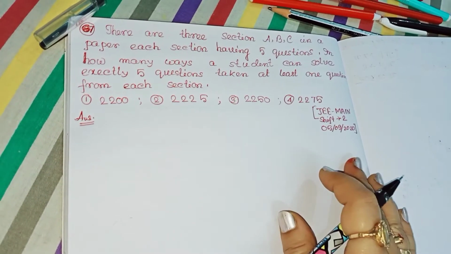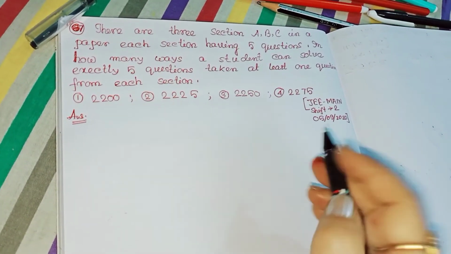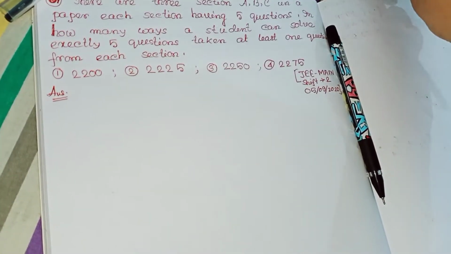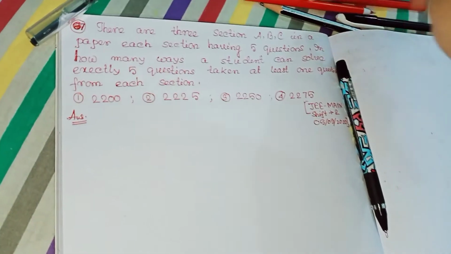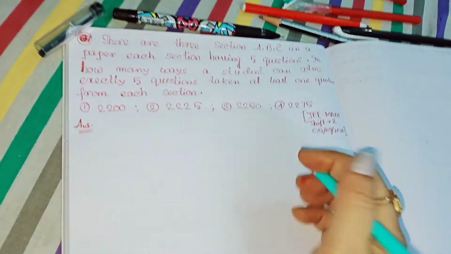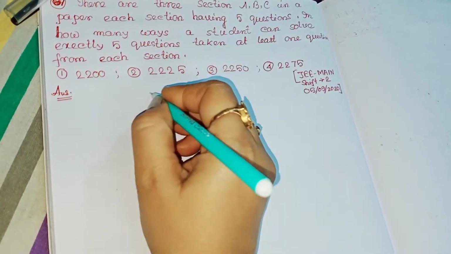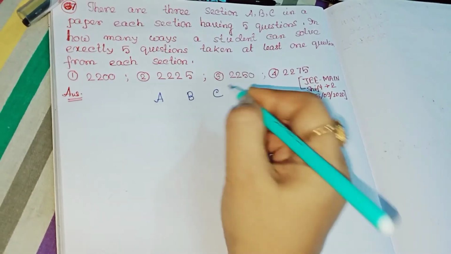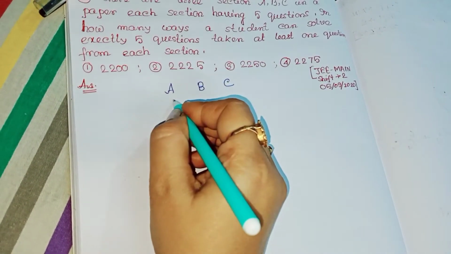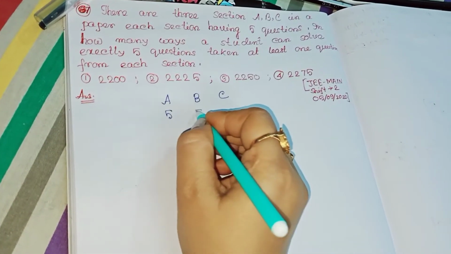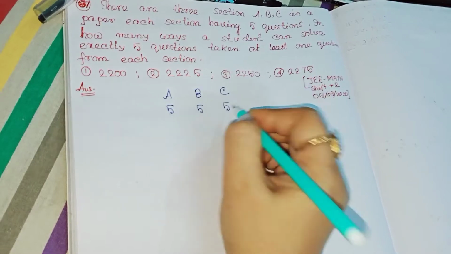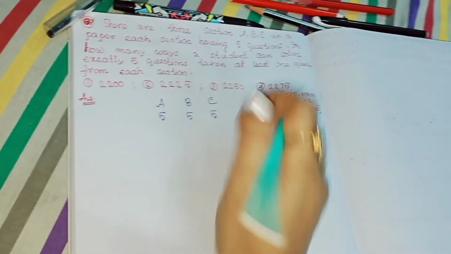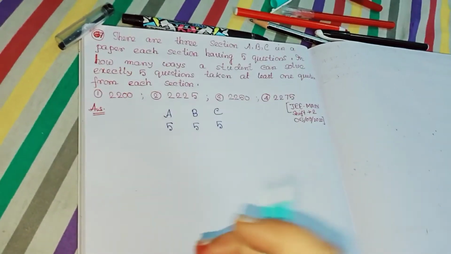It's a memory based question. There are 3 sections, which we may write down as A, B and C. There are 5 questions from A, 5 from B and 5 from C. Each section has a total of 5 questions.